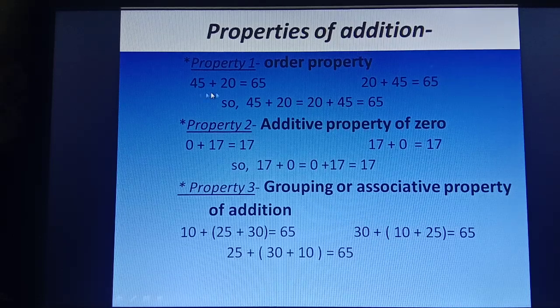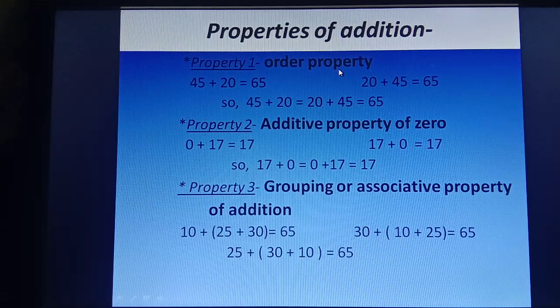Just see, 45 plus 20 is equal to 65, and whenever you add 20 plus 45, whenever you are shifting the place of one number to another, the answer will be the same. So 45 plus 20 is equal to 20 plus 45. So that is the order property.